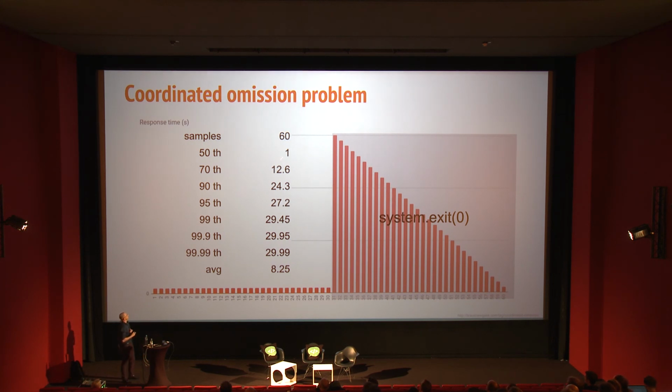So percentile 50 is 1, which is okay because half of the test results were great. And we can see the problem much sooner, from the 70th percentile to the 99th, where there is a degradation of performance. And basically, this is the coordinated omission problem.